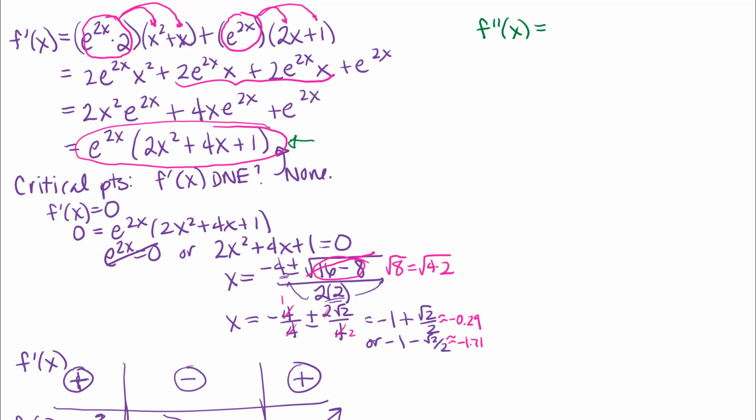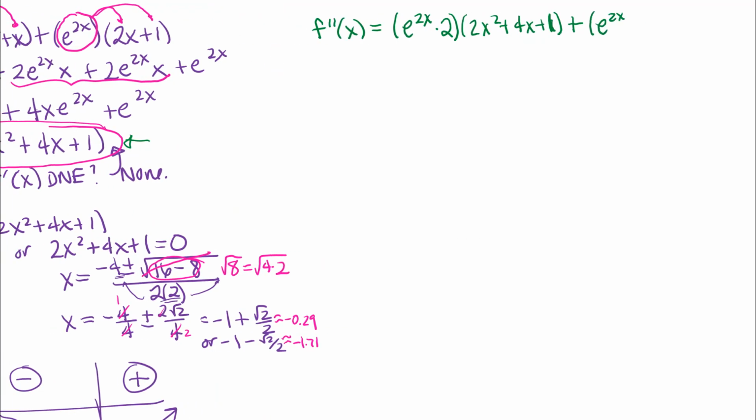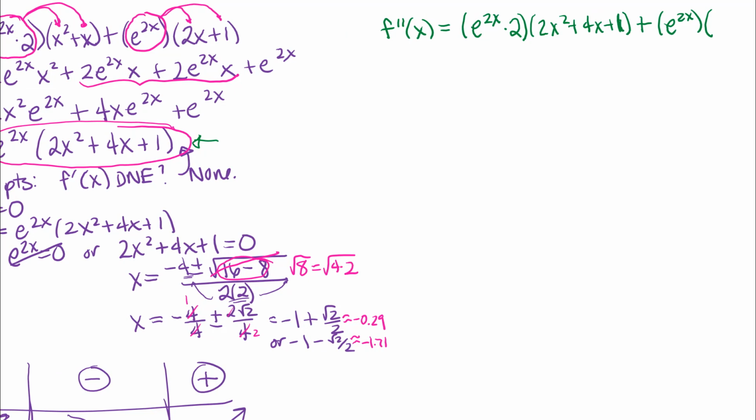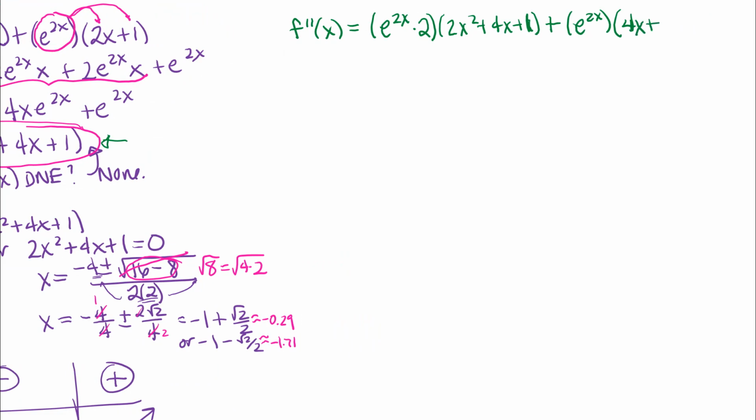So derivative of the first function, derivative of e to the 2x will be e to the 2x times the derivative of what's in that exponent, so times another 2. Derivative of the first function times the second function plus the first function times the derivative of the second function, so times the derivative of the 2x squared plus 4x plus 1. So I'll get 4x plus 4.